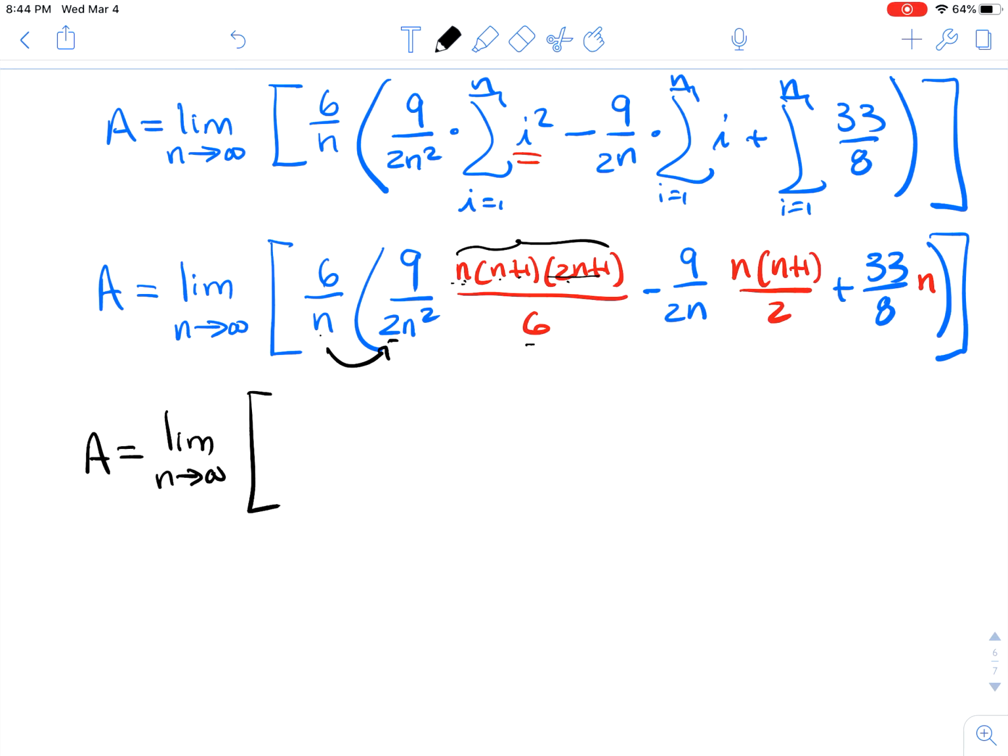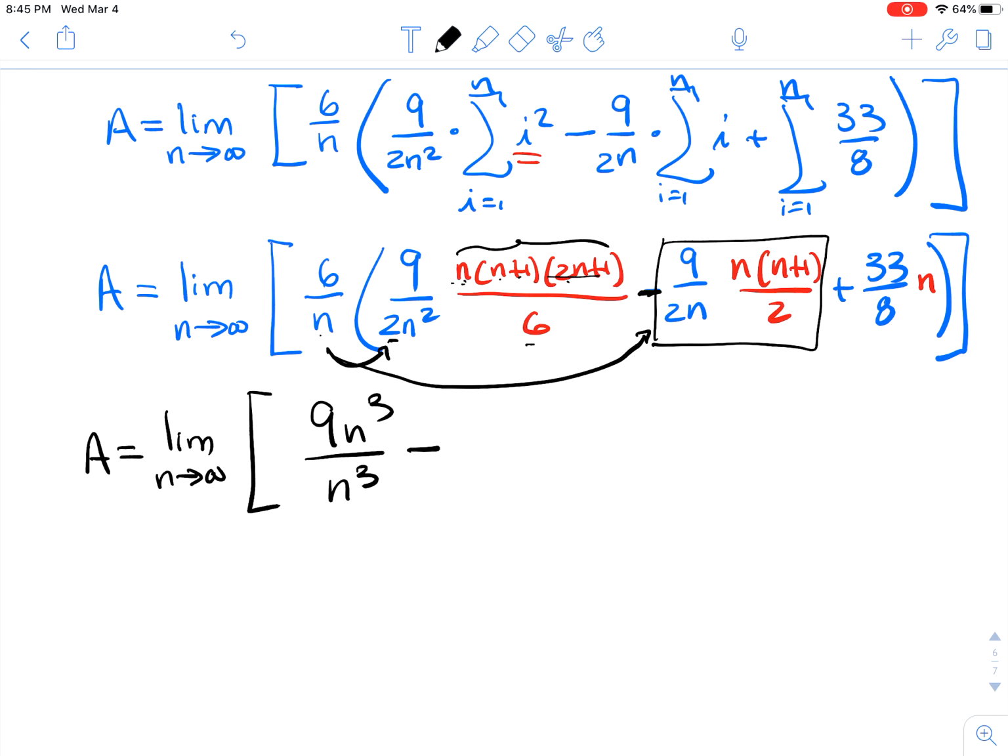If we simplify all of that, we get 9n cubed over n cubed. I have a minus here, so when I distribute this to the next term, I'm going to have a minus. And when I multiply 6 over n with all of the terms we see here, again, we're only interested in the highest exponent term with the lead coefficients. So that gives me n times n is n squared times 9 times the 6 from out here.